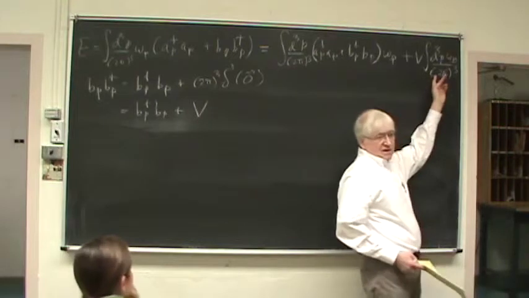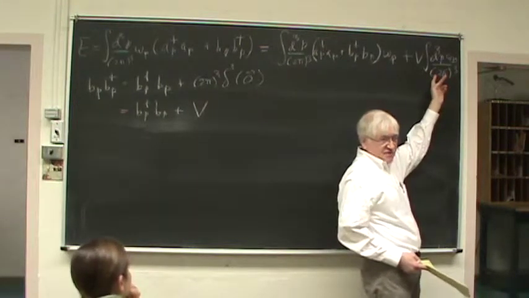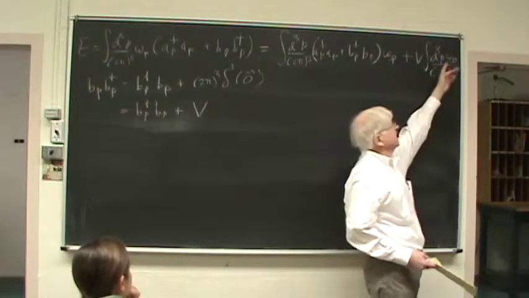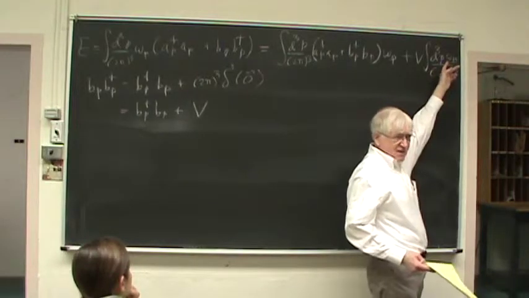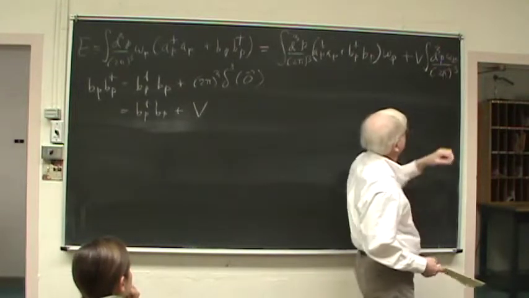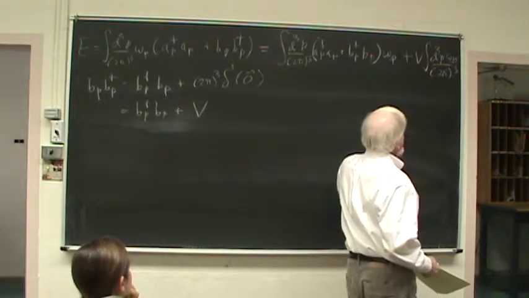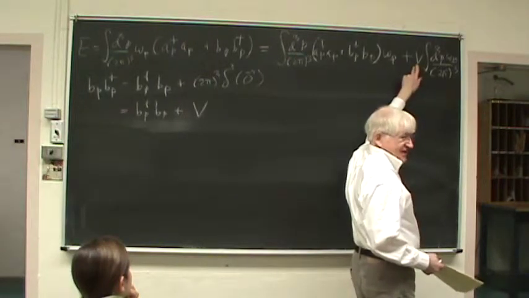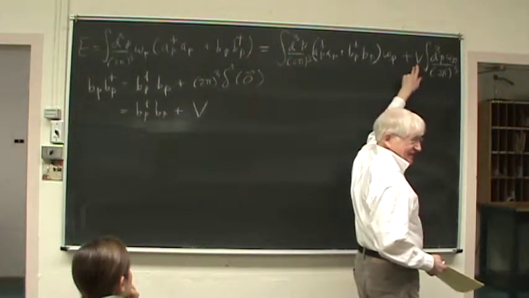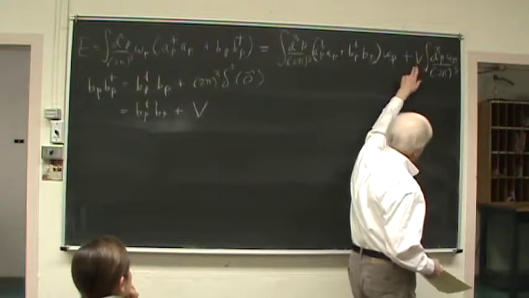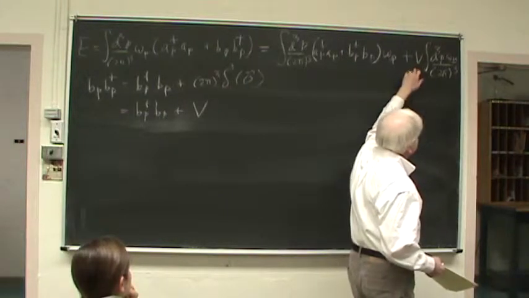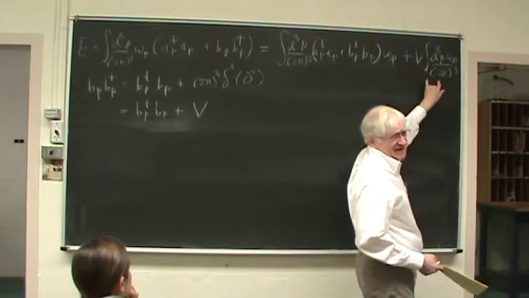Okay. So this last term is quartically divergent because it's d cubed p, and omega p is essentially the square root of p squared for large p. And it's even worse because you multiply it by the volume of the universe, so it's a very big number. But even as an energy density, it's quartically divergent.